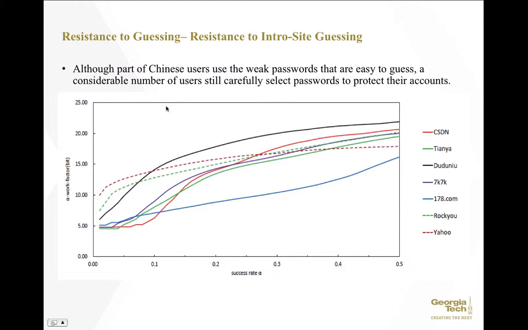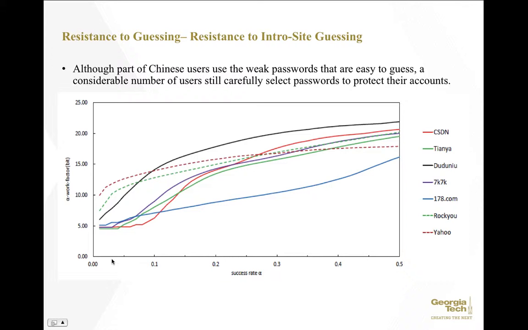So although part of Chinese users use weak passwords that are easy to guess, a considerable number of users still carefully select passwords to protect their accounts. This curve shows the success rate per alpha work factor. As the cracking success rate increases, we need more power or work factor to crack the passwords.